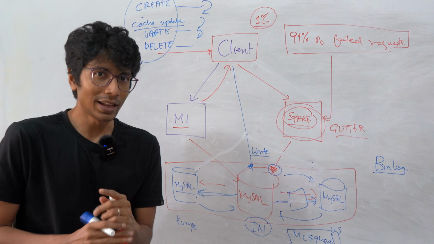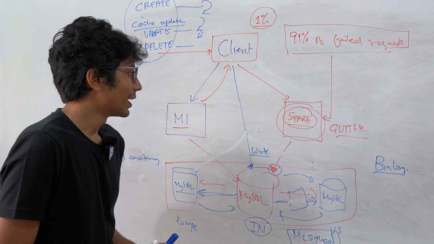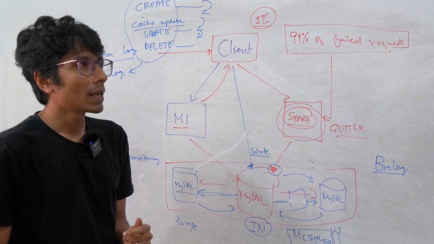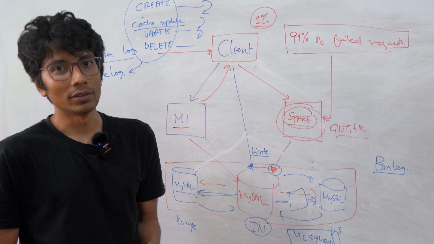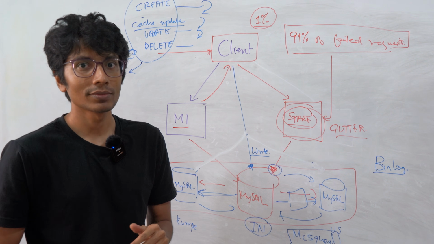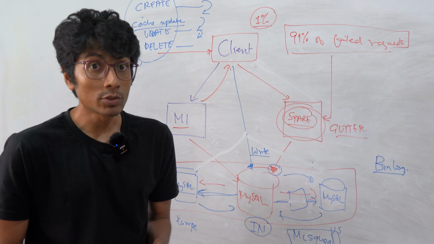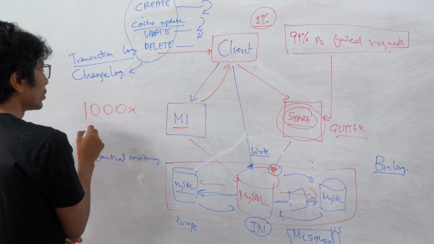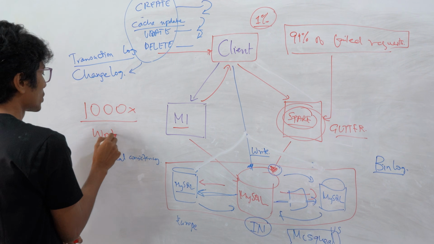One optimization here, the last optimization when it comes to scaling Memcache at Facebook that we'll discuss: what do you think is more common, read operations or write operations? When it comes to Memcached, read operations are 1000 times more than write operations.